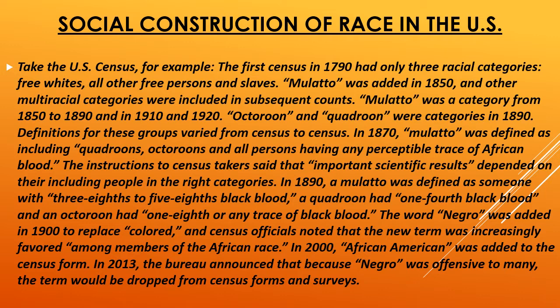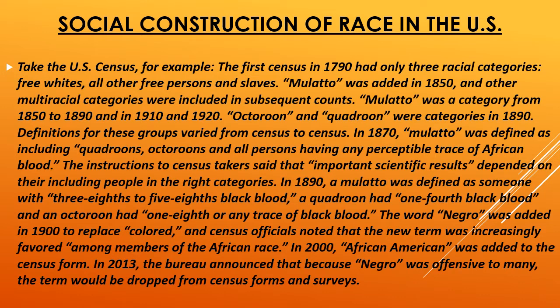In 1890, a mulatto was defined as someone with 3/8 to 5/8 black blood. A quadroon had 1/4 black blood, and an octoroon had 1/8 or any trace of black blood. The word "Negro" was added in 1900 to replace "colored," and census officials noted that the new term was "increasingly favored among members of the African race."